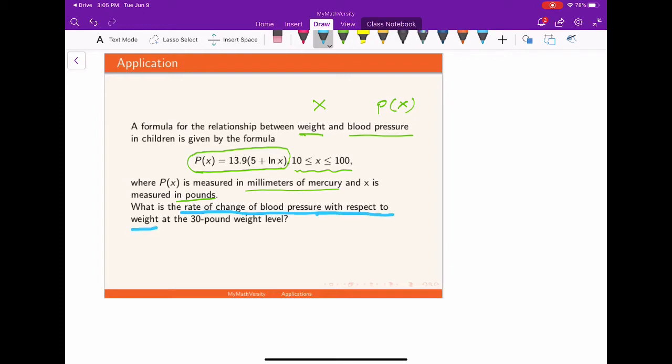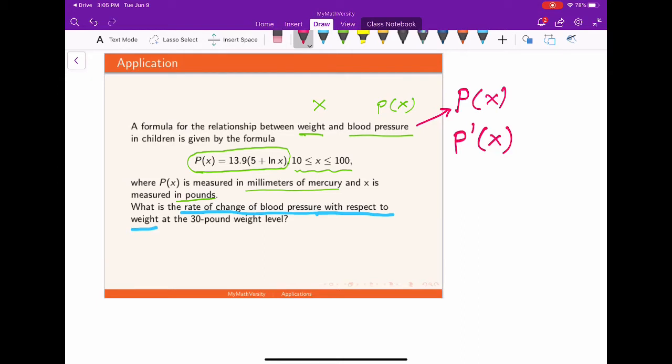What is blood pressure? The blood pressure is P of x. If our goal is to find the rate of change of that, then P prime of x will be the rate of change of the blood pressure with respect to x, or with respect to the weight. Okay, so that's how we can find it.